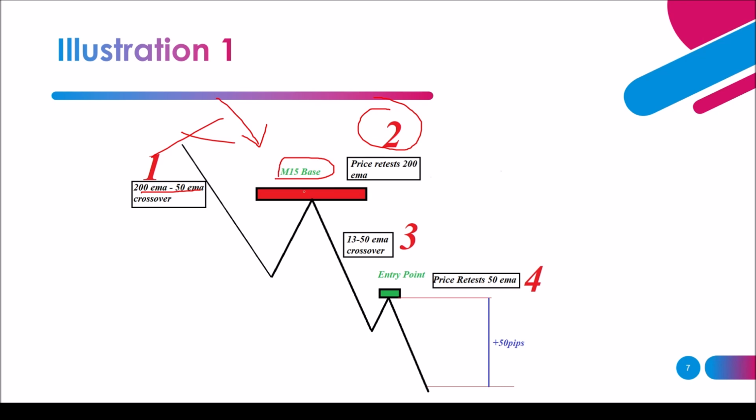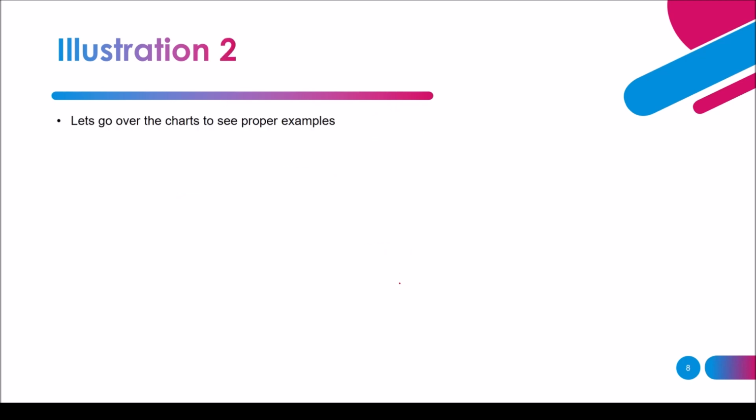Then from that base we need to see step number 3, which is a 13/50 EMA crossover to lock that particular base, and then the retest of the 50 EMA is where we actually get our point of market entry. We should get a candlestick reversal pattern at the retest of the 50 EMA. So let's now go over the charts to see proper examples in real markets.